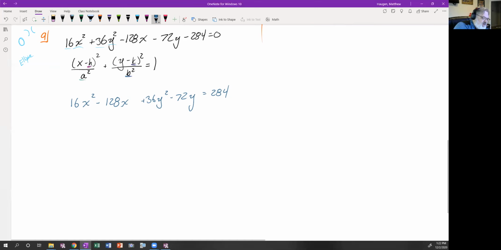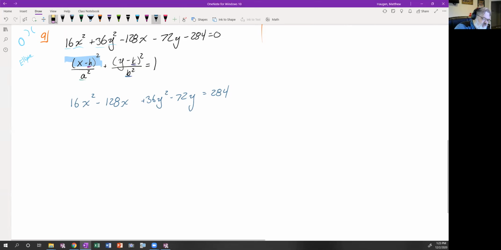Now we know we have to make these perfect squares, but to have a perfect square, we can't have that lead coefficient there, right? That 16 is not okay for completing the square. So we've got to factor it out.